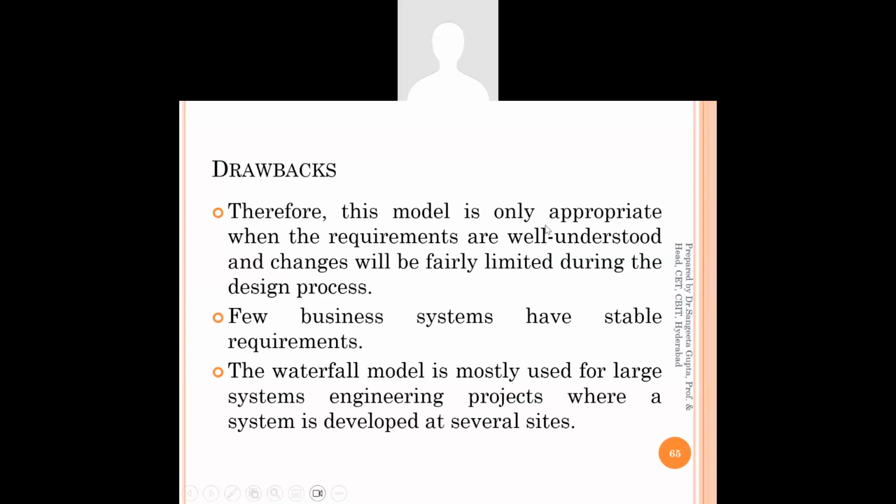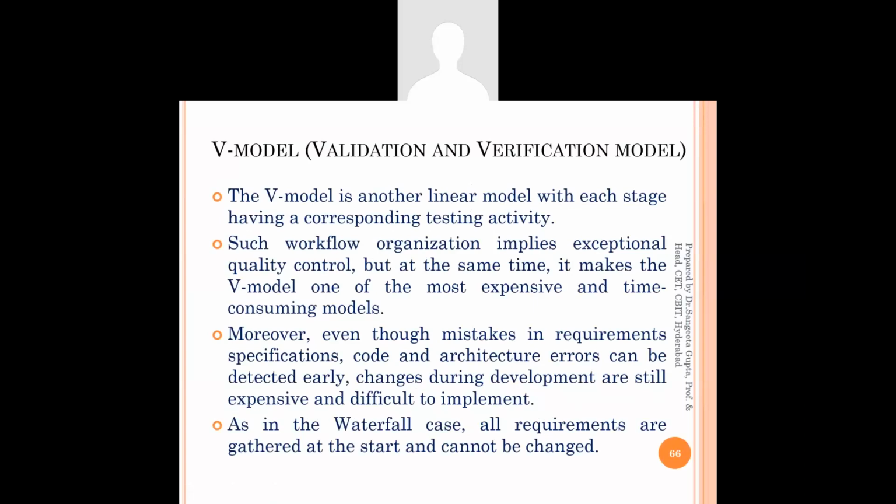Hence, this model is appropriate only when the requirements are thoroughly understood and there will not be any further changes to the particular set of requirements. Also, it is mostly used for large systems where a system is developed at several sites.